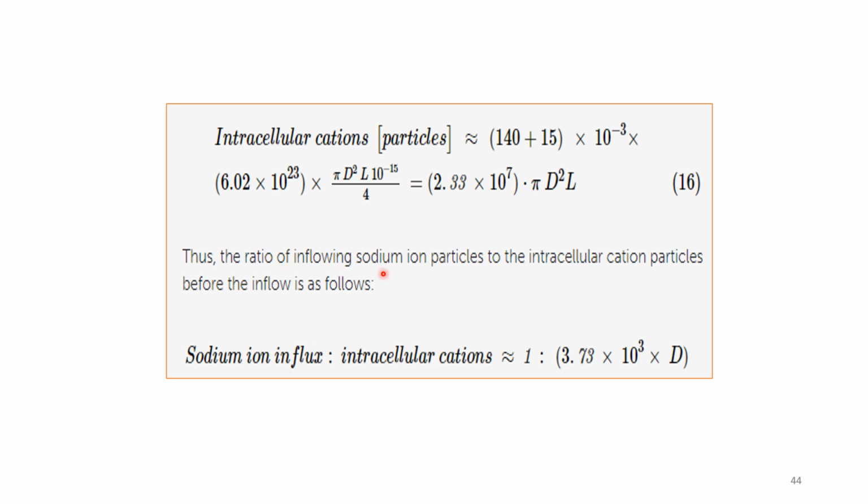So the ratio of inflowing sodium ion particles, that is sodium ion influx, to intracellular cations is approximately 1 is to 3.73 into 10 to the power of 3 into capital D. So intracellular cations are very much more.